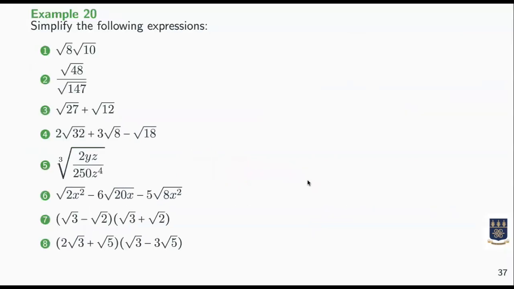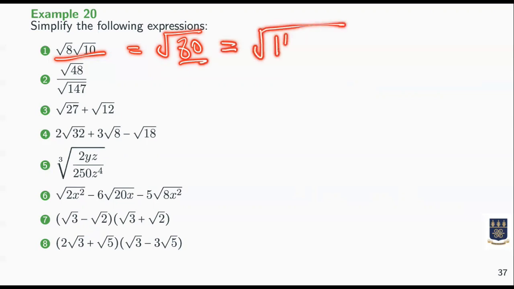So we will see in this case, this is going to be the square root of 80. Well, square root of 80, we can't really do much with it until we get as many squares out of it. But the only square I can think of now, well, I can think of a few. I can think of 16 and 5. So that's square root of 16 times square root of 5.